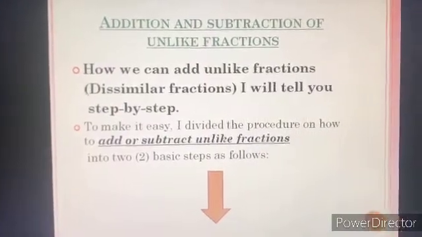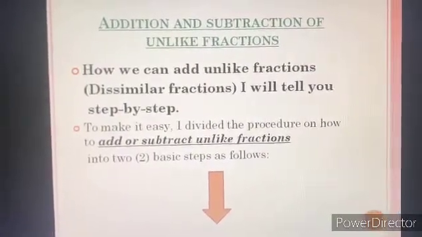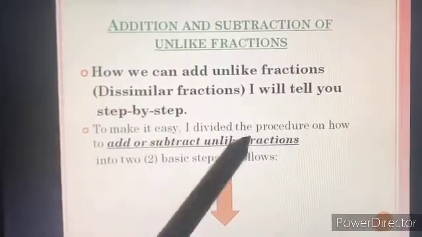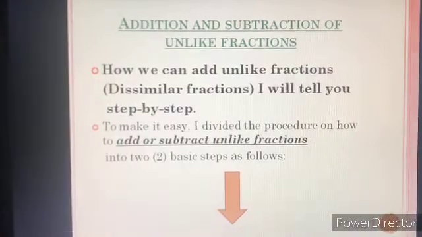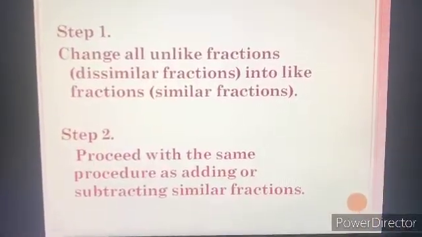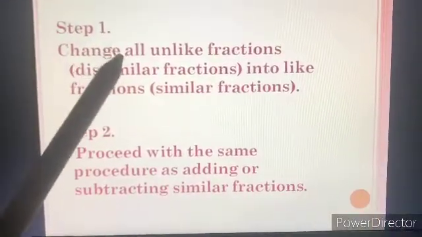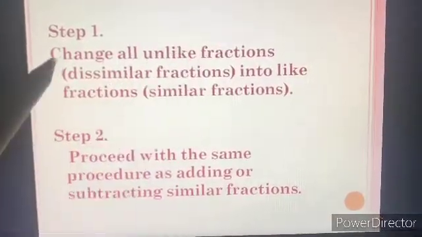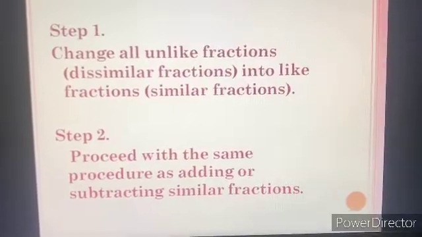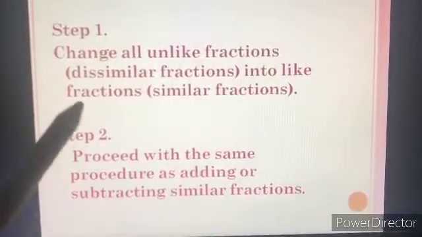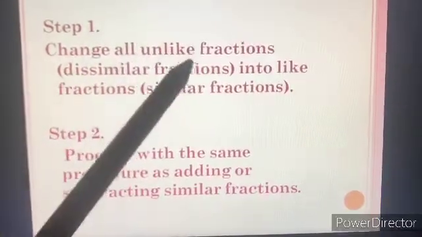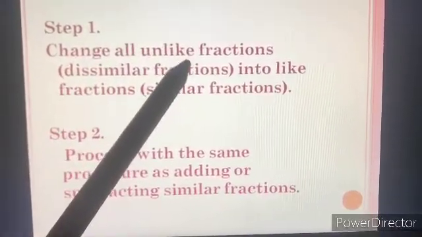Don't get confused, okay? Now, to make it easy, I divide the procedure of how we will add or subtract unlike fractions into two basic steps. In step 1, we have to change all the unlike fractions, which have different denominators, into like fractions.